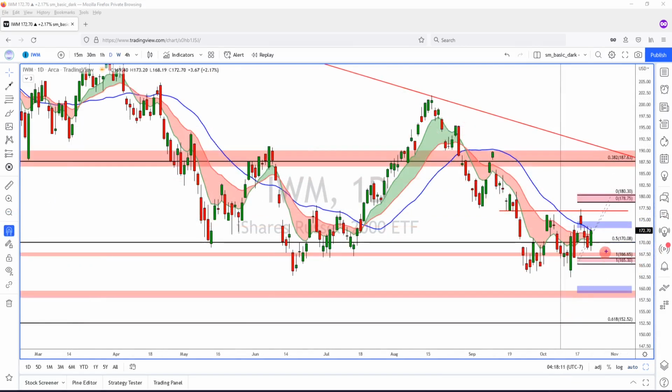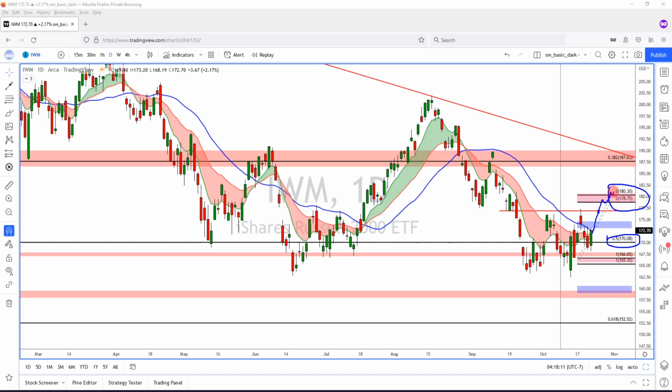So looking at the daily chart of the IWM, you see right now it is sitting slightly above the 50% retracement. So for the upside, we'll see if it is able to get above this little bit of resistance here, this pivot high, and make its way up to this upper range of the weekly expected move, which is between 180.30 and 178.75.